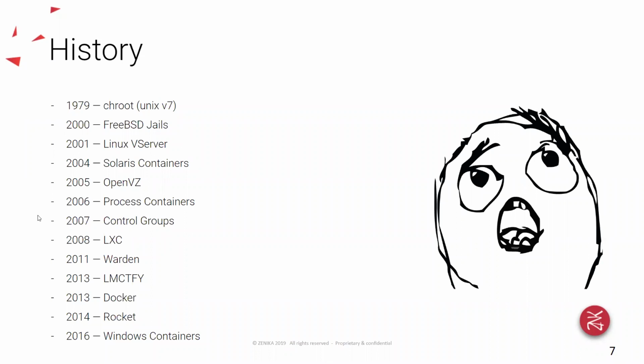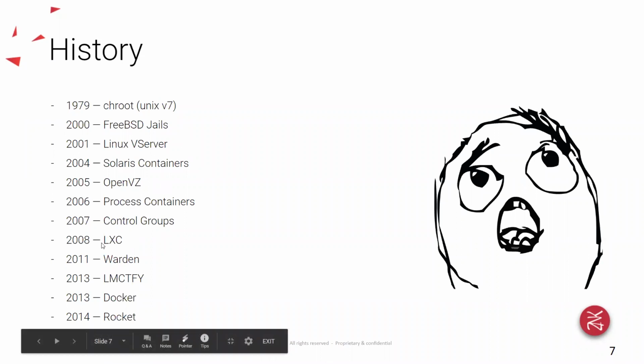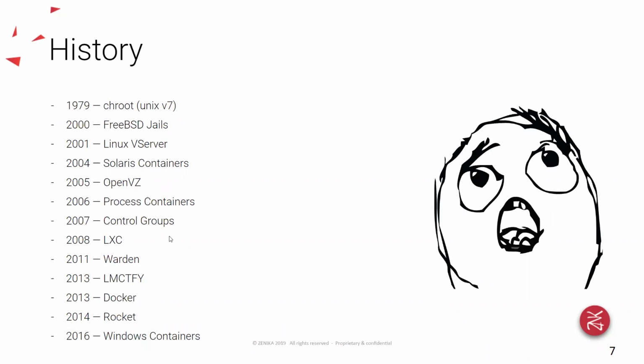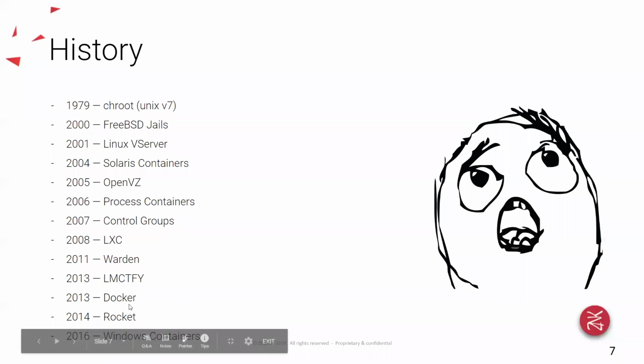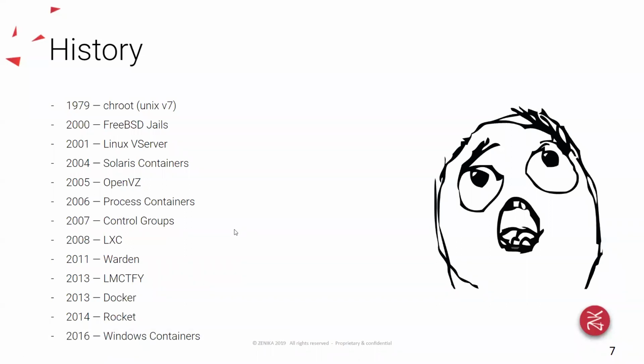In 2008 with LXC containers, we pretty much had all of the features that a container technology needs. Then in 2013, we came up with Docker, which simplified a lot of the setup process and made it accessible to junior devs or people who are just starting out like me.